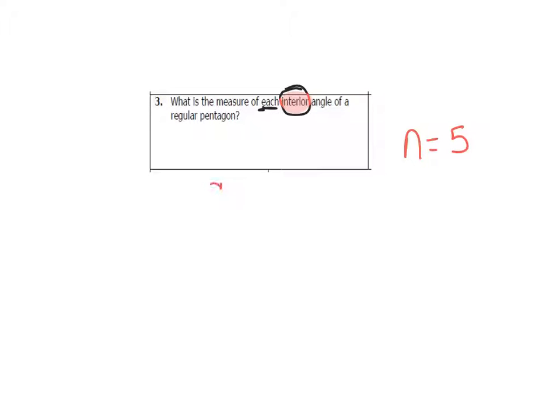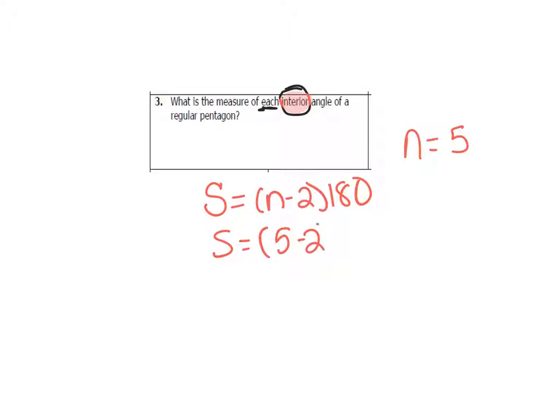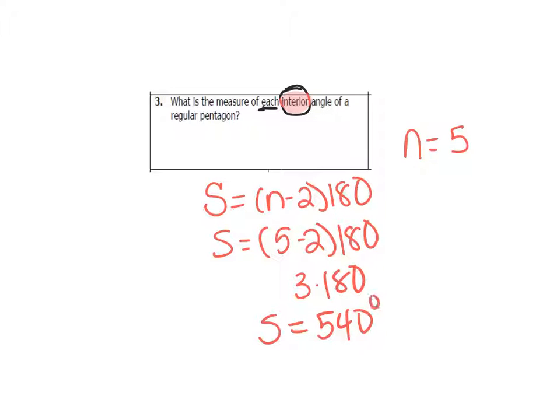And so I know my interior angle formula. All of the angles, n minus 2 times 180. Let's figure out what all of them are. So 5 minus 2 times 180. This is 3 times 180, so my sum is 540 degrees. But it does not want all of them.